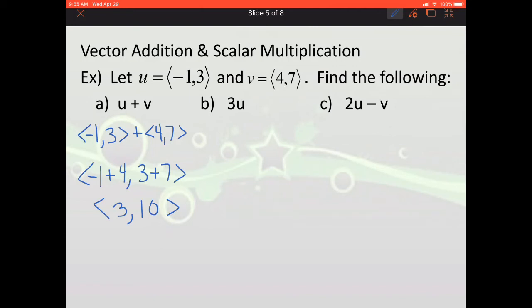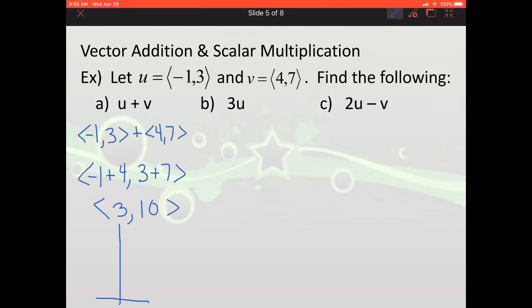So when you're adding vectors, what you're actually doing on the graph, if this helps, I'll draw a little graph here. We're taking vector u and adding v to the end of it.